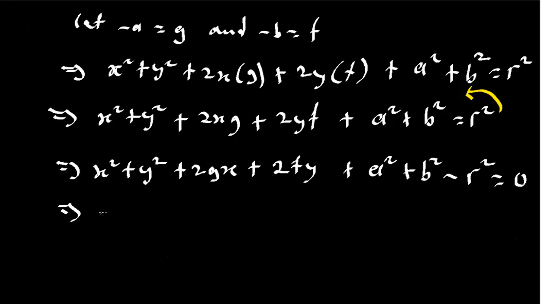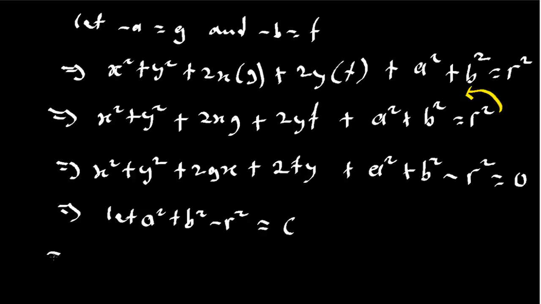So that means that we are going to say let a square plus b square minus r square be equal to a certain c, which means that if we operate the square of a and then the square of b and then the square of r, we are going to get a single number. So let's let that number be c.